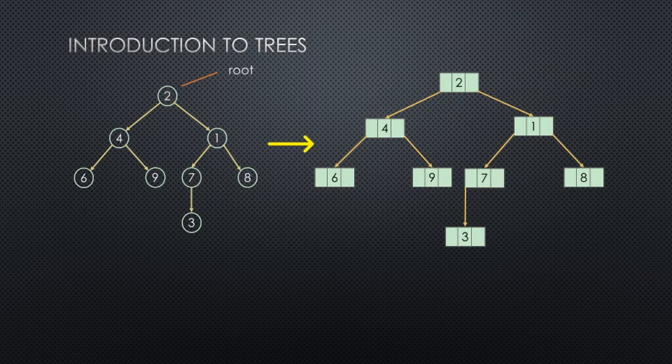Programmatically, in C or C++, we can define node as a structure like this. We have 3 fields here, one to store data, and the data type is integer. I have filled in some data in these nodes. So in each node we have 3 fields, an integer variable to store data, and 2 pointers.